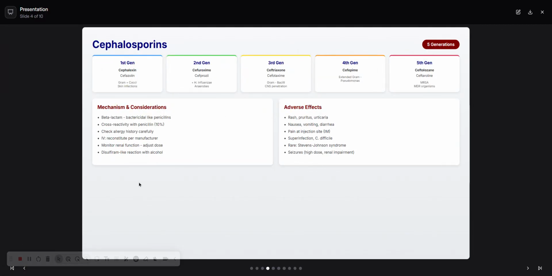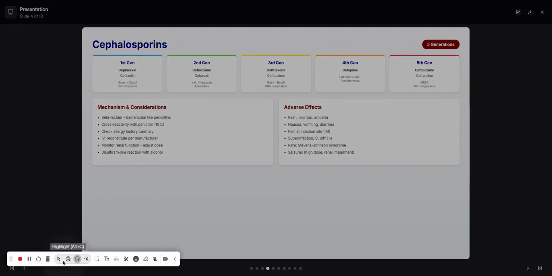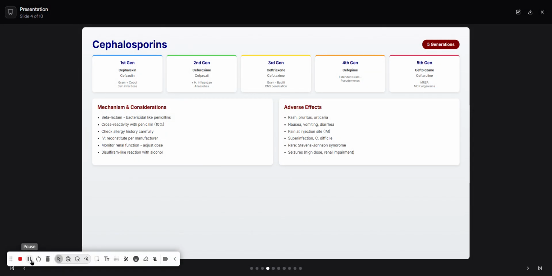Okay, the next one is cephalosporins, which is, oh shoot, my microphone is really lagging today. Sorry about that. Anyways, the next one is cephalosporins, which is an antibiotic, and it is ranked in generations, first gen to fifth gen or fourth gen. Either one is fine. But basically, it works just like penicillins.